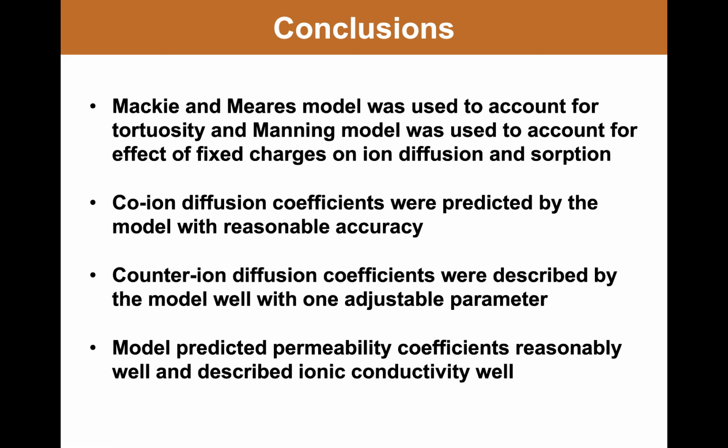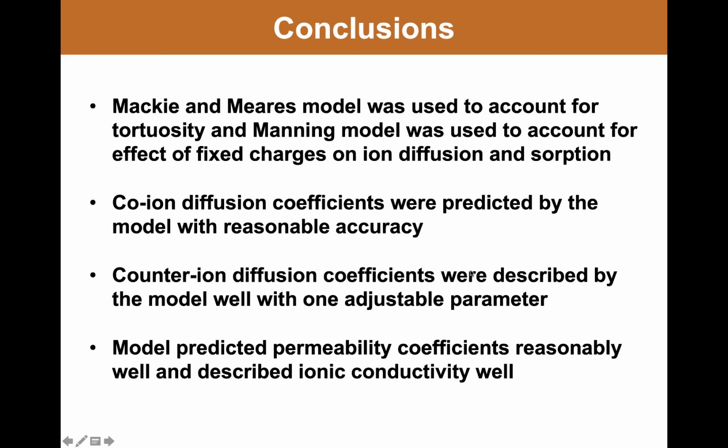That is, the uncondensed counterions transport much like the coion diffusion coefficients do, and the condensed counterions have an additional mechanism for transport through the membranes that requires an adjustable parameter.